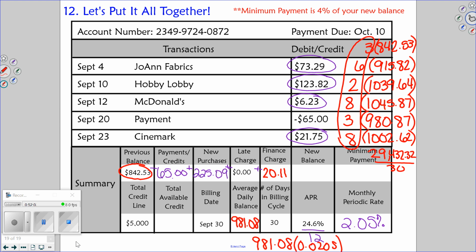What do we get? Kevin, you with me? No, Kevin's gone. You thinking about your new snakes? Yeah. You should get a new balance of $1,002.62. You guys good? That's literally just taking this whole line, working all the way through it.